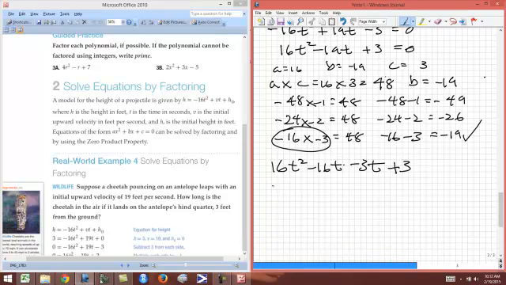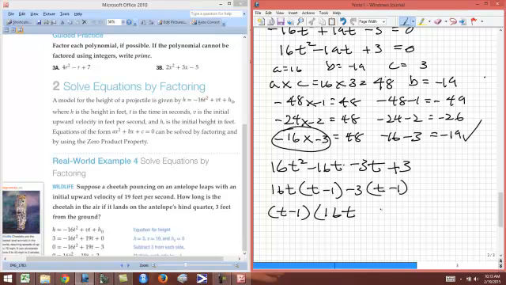So I take out the 16t, and I get 16t times t minus 1. And I take out the negative 3 from both terms, and I get negative 3 times t minus 1. Negative 16t divided by negative 3 is t, and 3 divided by negative 3 is negative 1. So I've got t minus 1 times 16t minus 3.